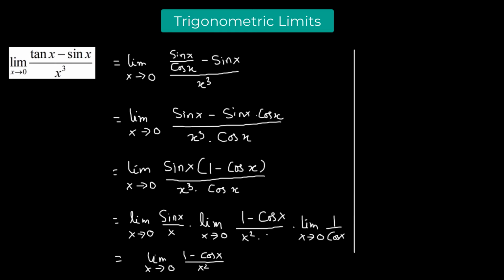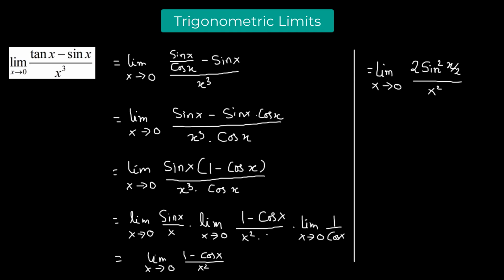Now we are going to convert 1 minus cos x using an identity, so it can be rewritten as 2 times sin squared (x over 2), divided by x squared. So let me write it down.